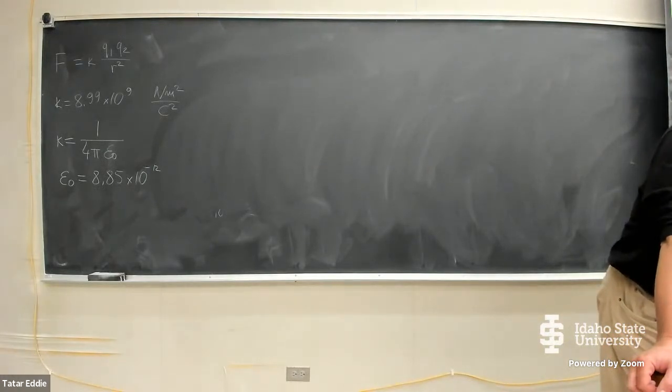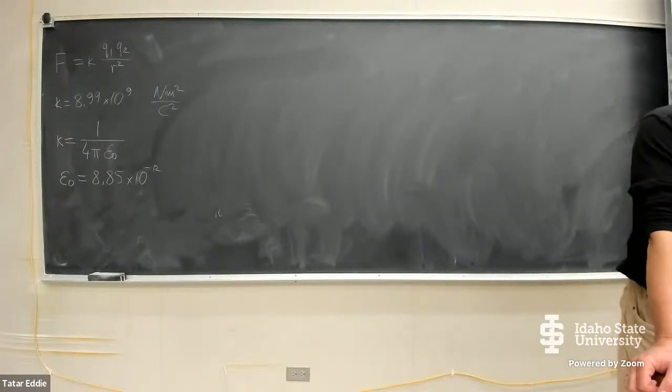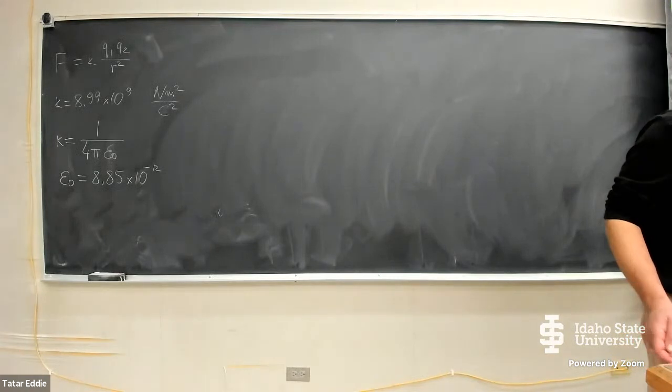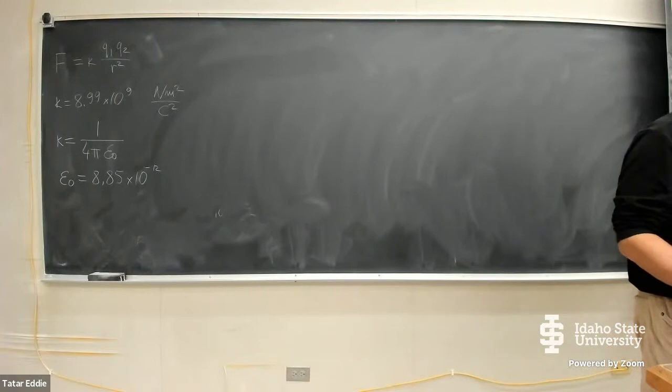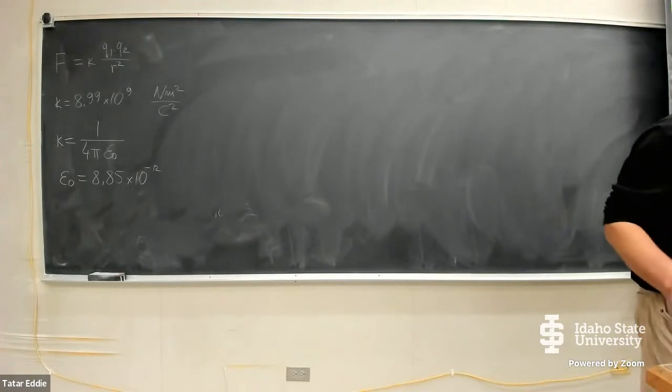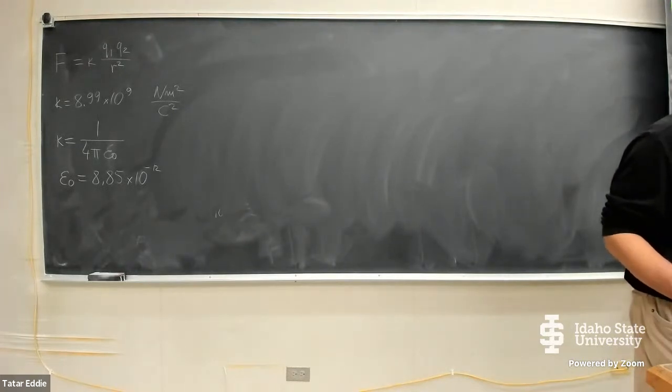If the space between charges is filled with some other medium, water, oil, or something else, the constant of proportionality is different, and different constants of proportionality are tabulated for different materials, and you can find them when they're needed. We're probably not going to need them. Almost only in one chapter we need some electrical properties of different materials, and that chapter is going to be sometime in the future.